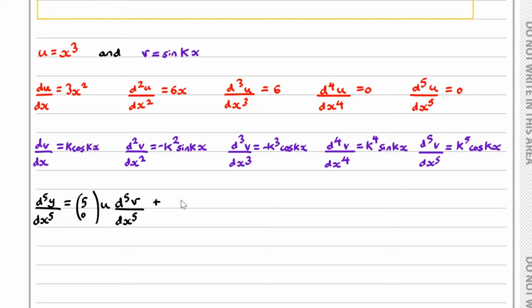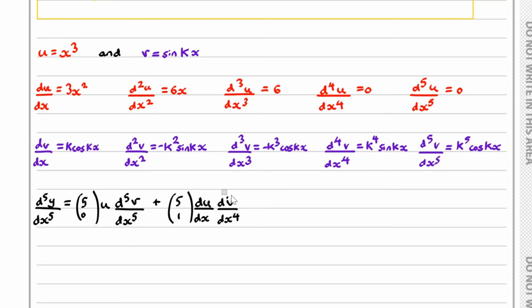The next term, we have 5 choose 1 du over dx multiplied by d4v over dx4.